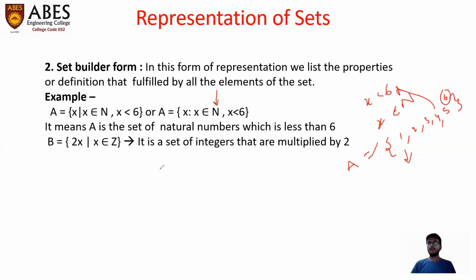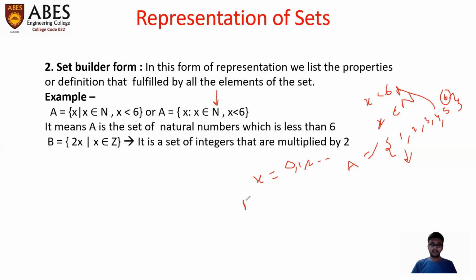All the elements inside the set will come from integers, and those integers, x, will be multiplied by 2. Here I am taking x to be integers: 0, 1, 2, 3, and so on.